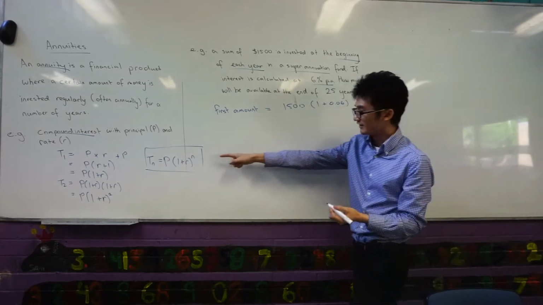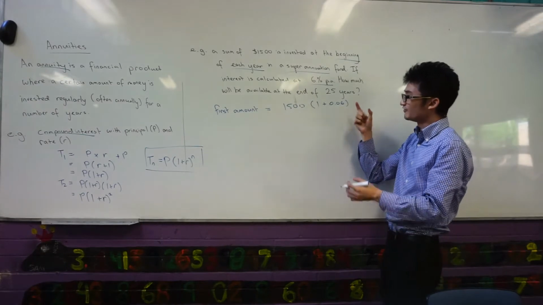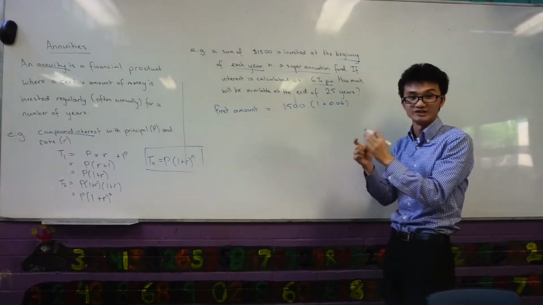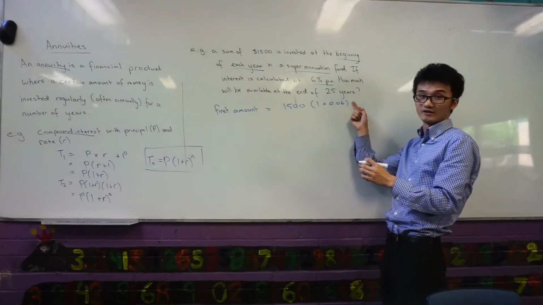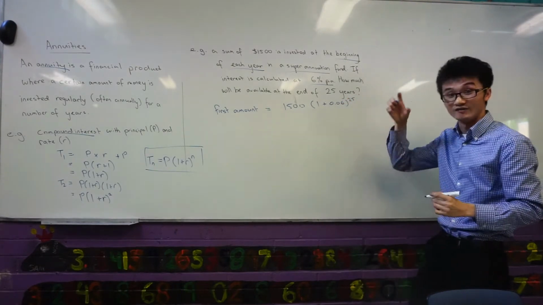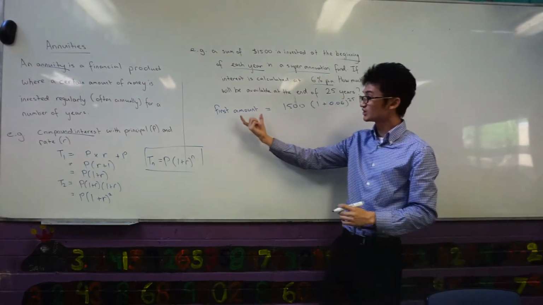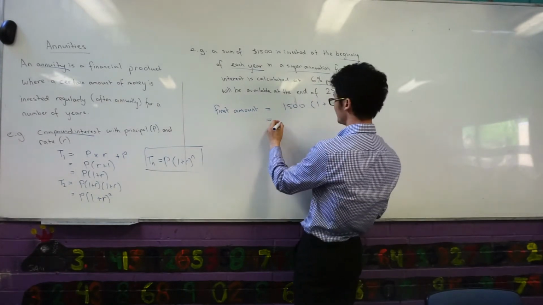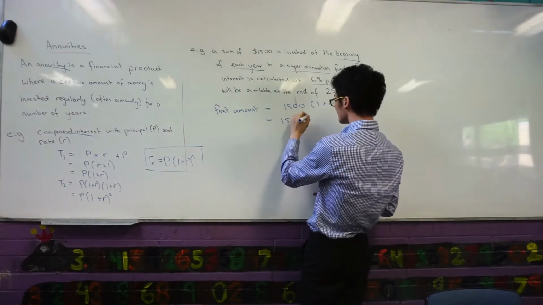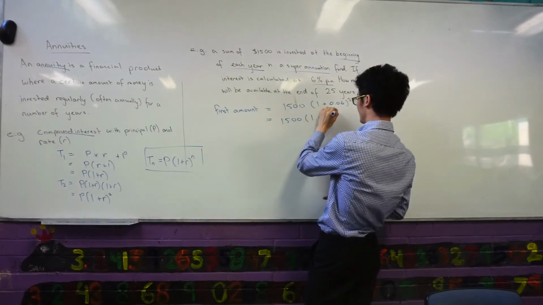Well, n is the number of periods, how long I leave the money in the account for. And if this is the first time I've deposited that money in year one, I will have left it in there for actually 25 years, right? Because I've put it in year one, and I want to know how much it will be worth at 25 years. And remember, this is just the first amount that I'm adding in. And I'm just going to rewrite this as 1,500 times 1.06 to the power of 25.